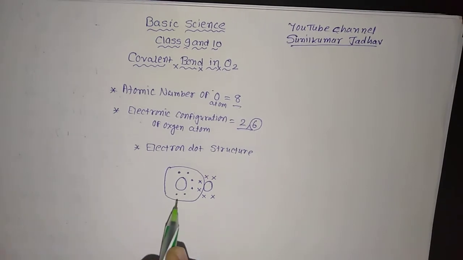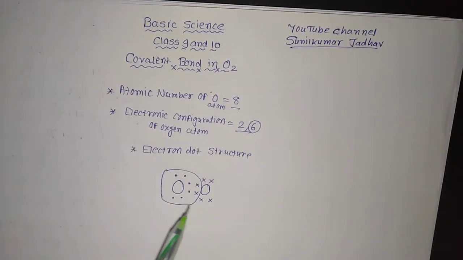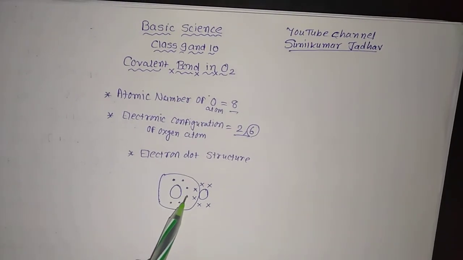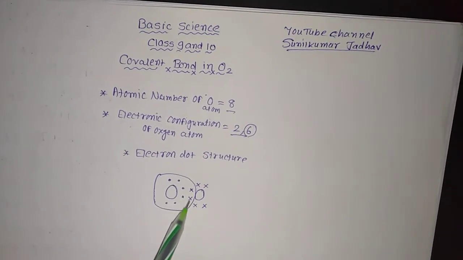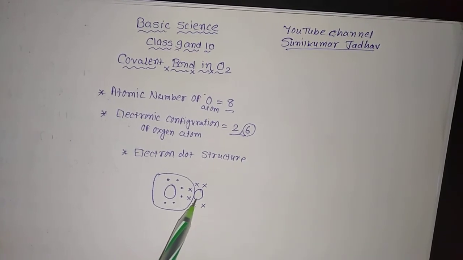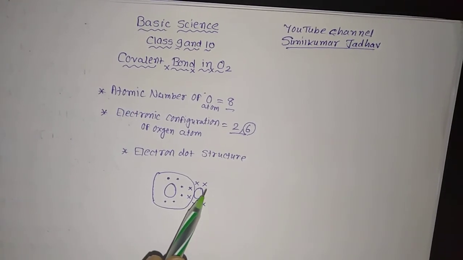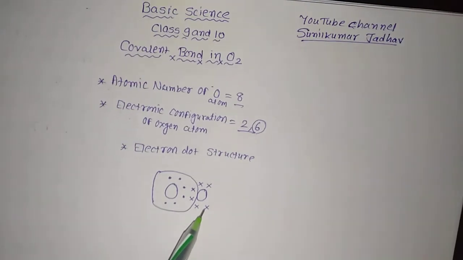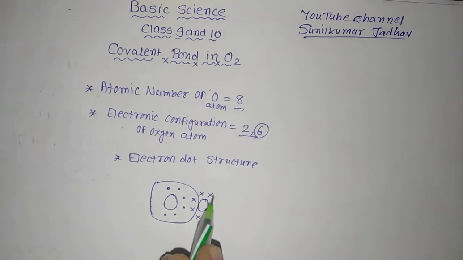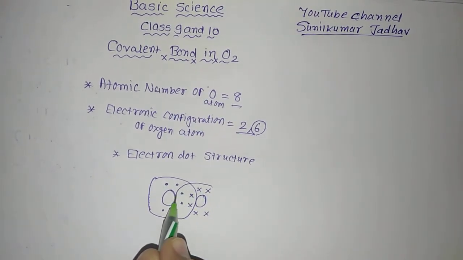I drew this circle and circle, in which you can see how many electrons there are for this oxygen: 1, 2, 3, 4, 5, 6 of its own, and these 2 are shared from the other oxygen. Similarly, this oxygen has 6 electrons, and the sharing of 2 electrons will be done from this oxygen.